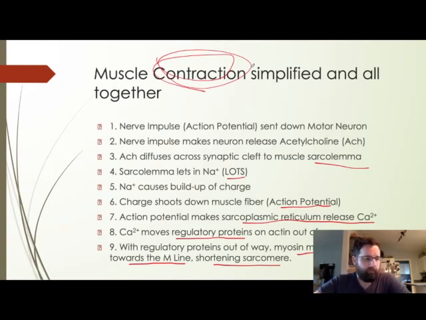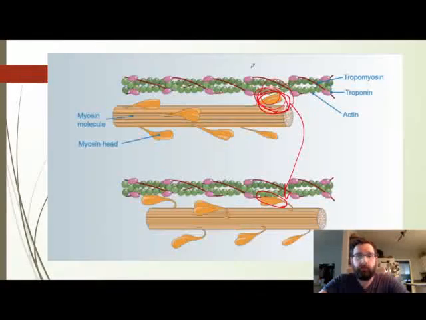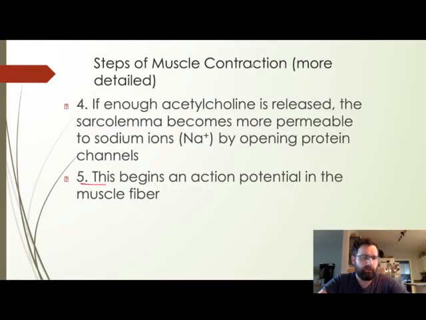So, super vocab heavy. There's a lot of things going on here. I want you to know the basic steps of how muscle contraction works, those cascading events. If I give you images like any of these, you should be able to label them and use them to describe how muscle contraction works.